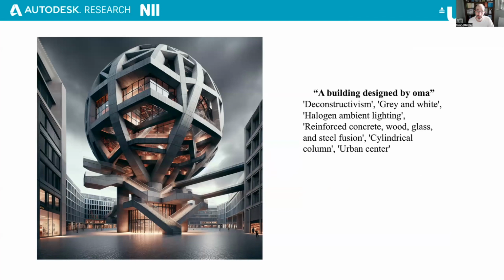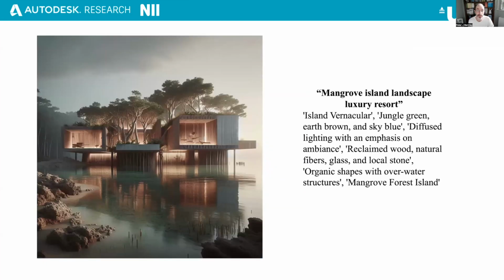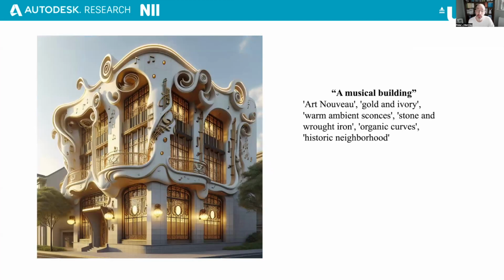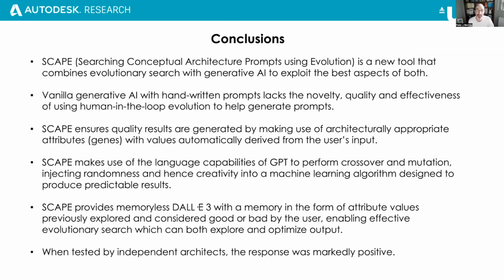Some of them really difficult to build, but they are really quite impressive. The ideas are quite stunning at times. Some quite inspirational ideas. I mean, look at this from musical building. I mean, that really is quite a musical looking building. So, you know, some really interesting ideas generated using SCAPE by real architects.